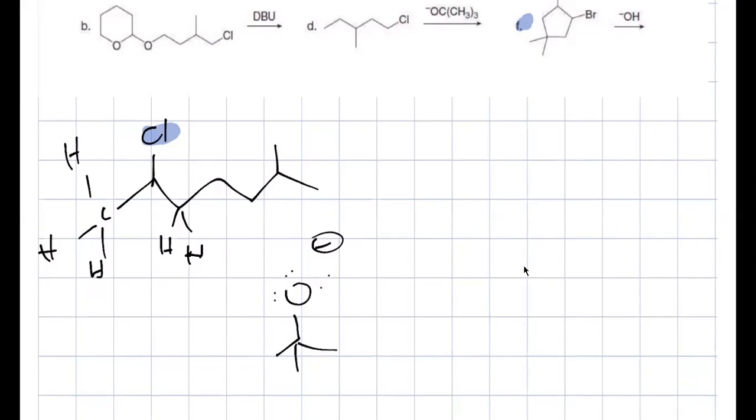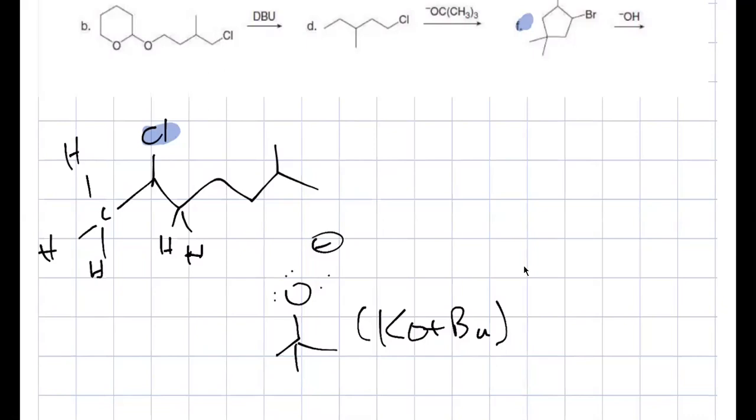Right, so that's a really strong base. Sometimes you'll see it written with potassium and written out as KO-t-butyl like that, potassium tert-butoxide. I know for a fact that's in that elimination video that I sent. This is one of your more common bases and it's really strong. So whenever you see that, you know for a fact that you're doing elimination and not substitution.